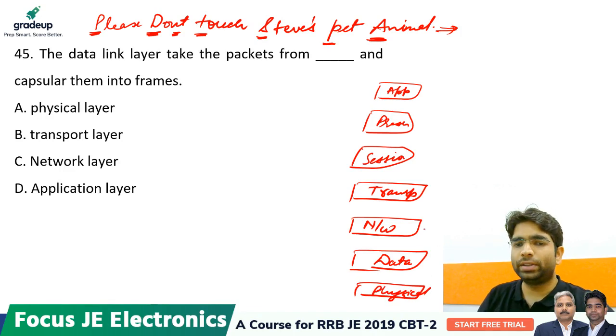Encapsulation of upper layer data is done by the lower layers. Now tell me the answer: the data link layer is encapsulating the packets of which layer? It is encapsulating the packets of the network layer.